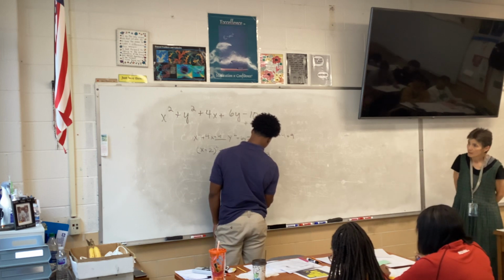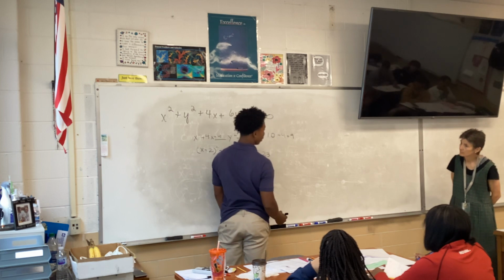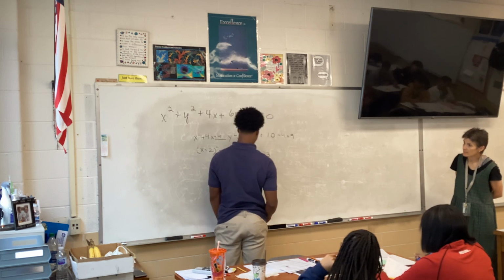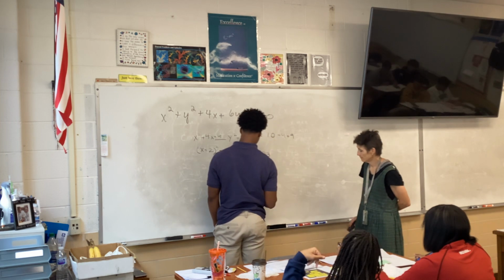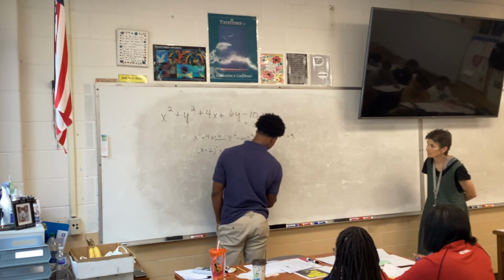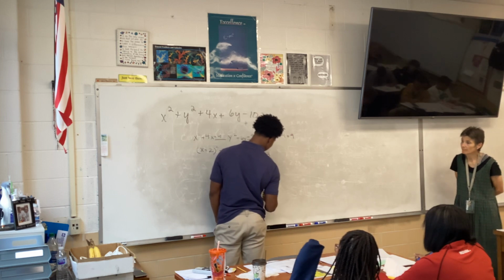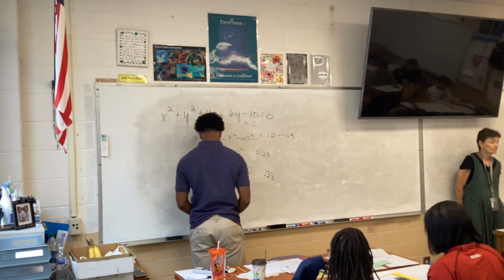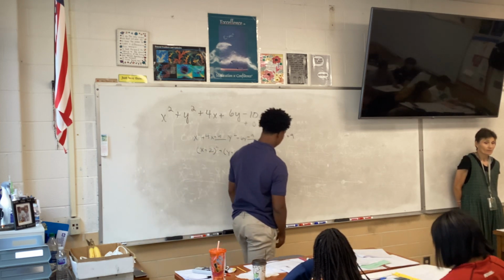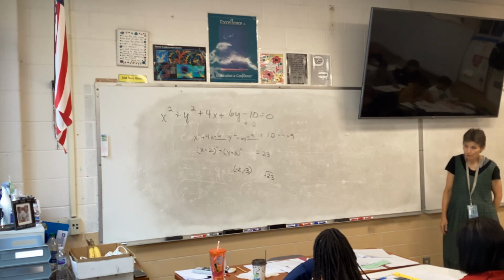Yep. I forgot what I did. You need the radius. So let's not put it equals 23, but that's your center. Now what's your radius? Yeah, radius is the square root of 23. Everybody okay with that? Not hard, not hard at all.